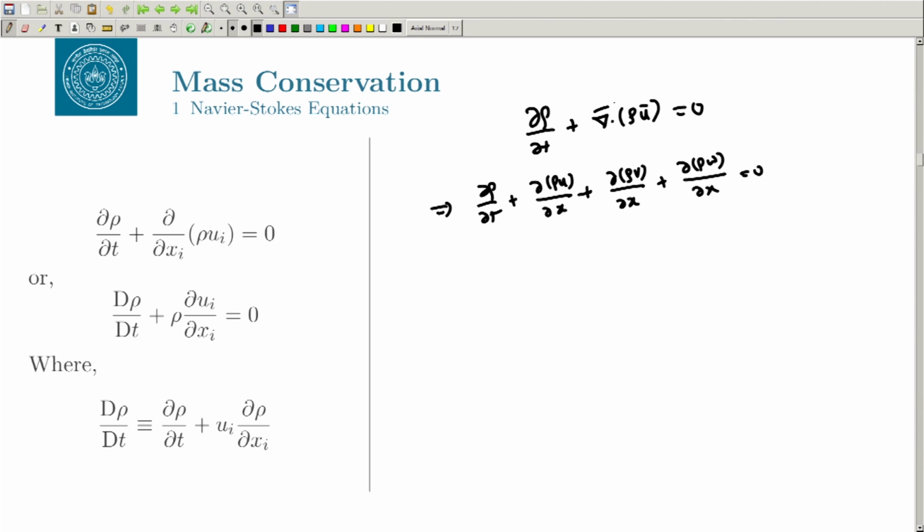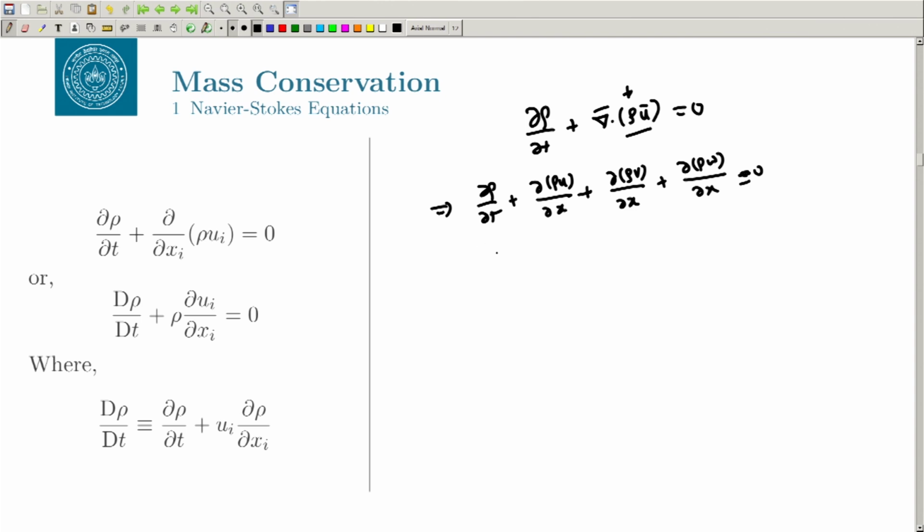Remember, there is a del operator which is dotted with the u vector. Rho is a scalar here. There is a reason we are keeping rho inside the bracket, because we have not made any assumption till now whether the flow is incompressible or compressible.